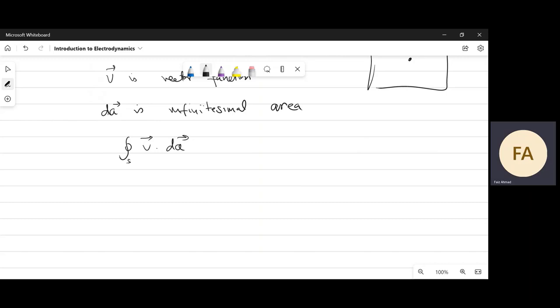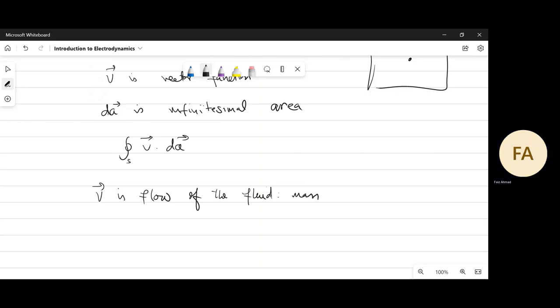Say V is the flow of a fluid, which is mass per unit area per time.